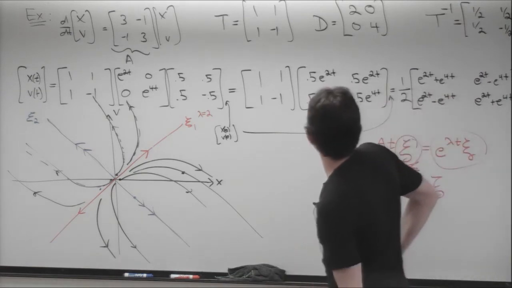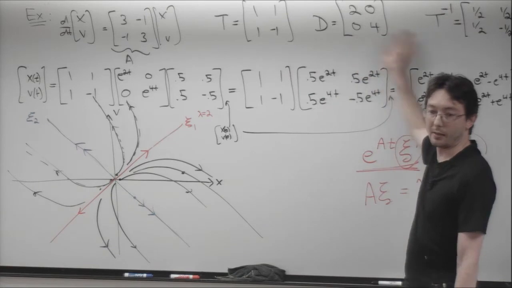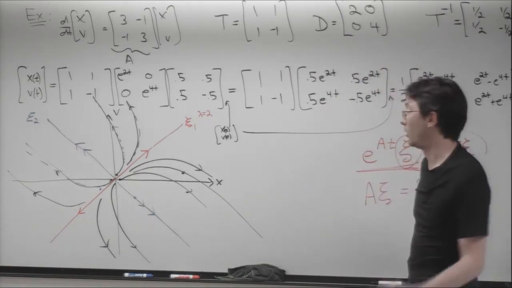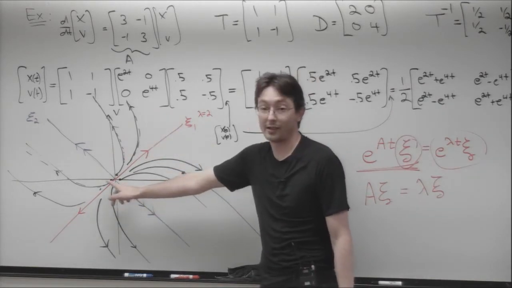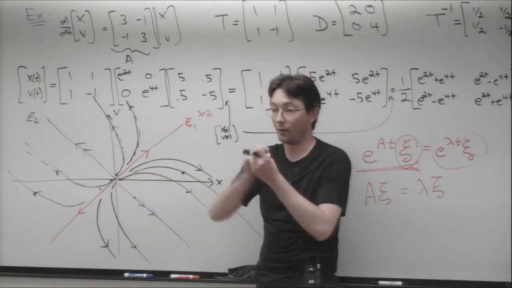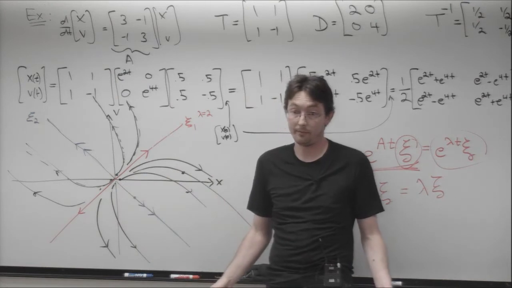Mathematically, numerically in a computer, you would actually compute T times e to the Dt times T inverse to figure out exactly where your particle goes. But a lot of times all we care about is the shape of the system near the origin. This is an unstable system. Any point that you can name near the origin is going to go away from the origin unless it's exactly at x equals v equals 0.